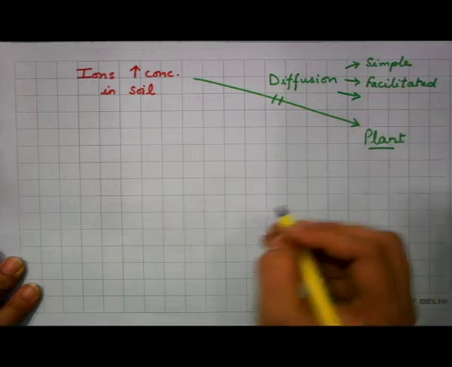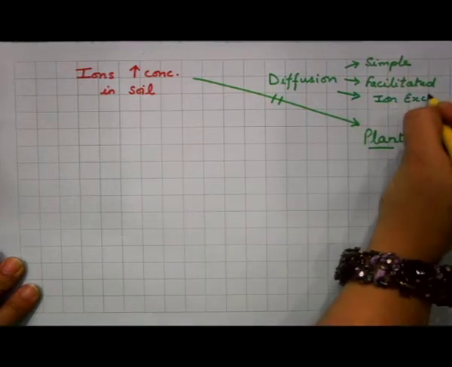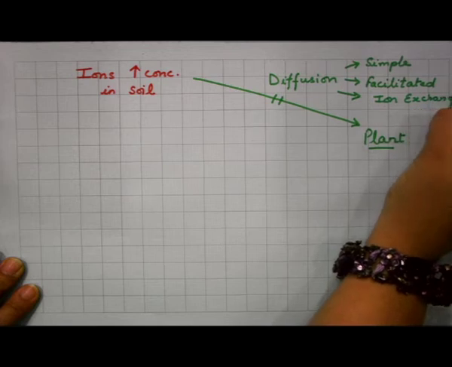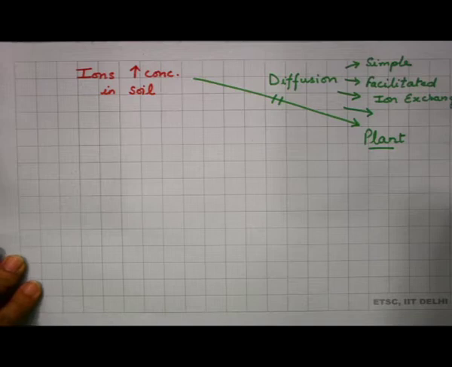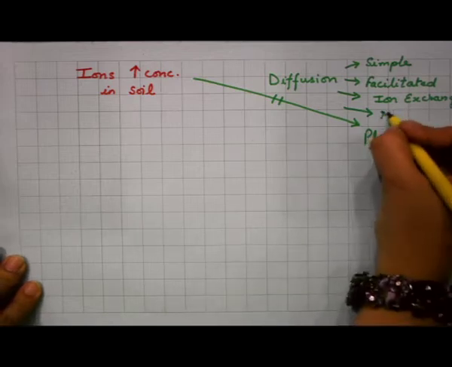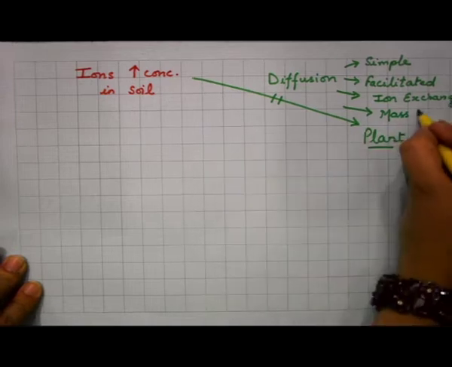This can also be aided by ion exchange mechanism, and sometimes the mass flow because of the transpiration pull also helps in diffusion of such ions.